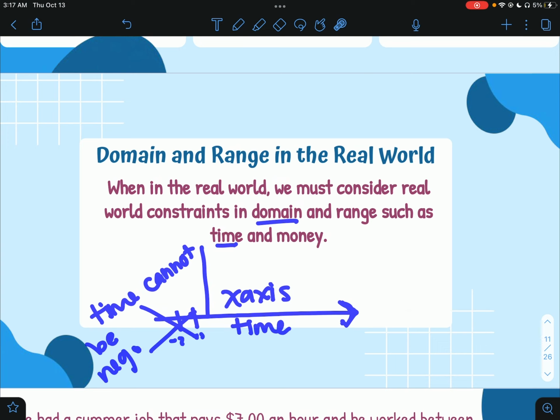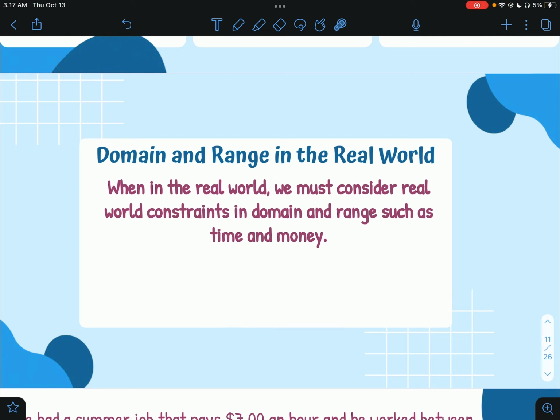So based off of that, we know that our domain is everything greater than or equal to 0. Now, it could also have an endpoint, but our absolute smallest value when you have time would be 0 because you can't go negative.